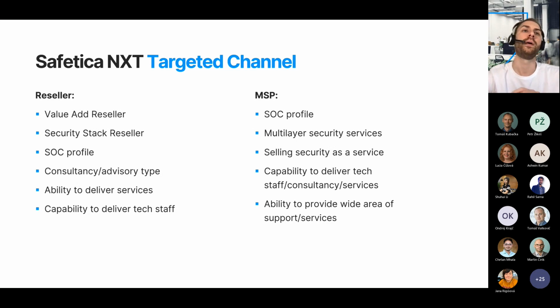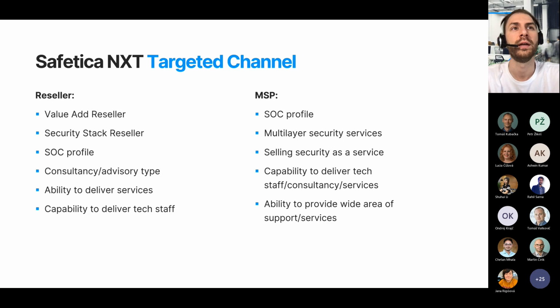So basically, I would say that most of the ESET partners that are actively, and I would emphasize actively, selling to SMBs, that have technical staff that understand SaaS and have a customer base that fits the mentioned qualification criteria, like from 100 to 500 employees and the mentioned verticals, those are relevant to Safetica Next as well.